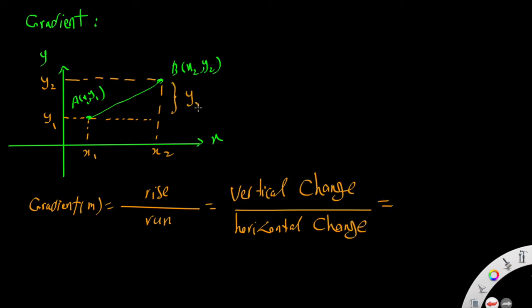Vertical change is y2 minus y1, and horizontal change is x2 minus x1. So y2 minus y1 over x2 minus x1 will give you the gradient of this line AB.